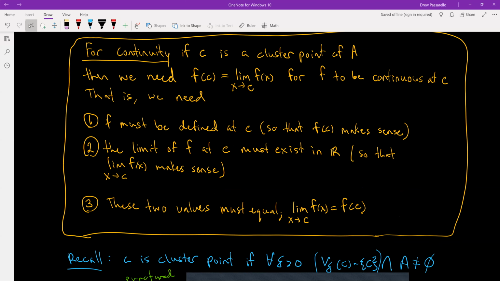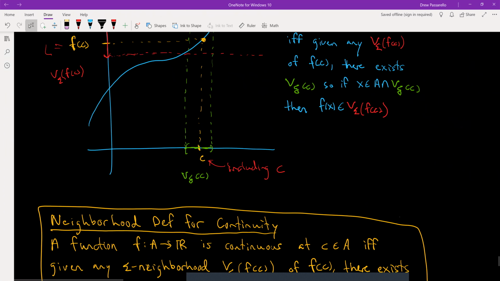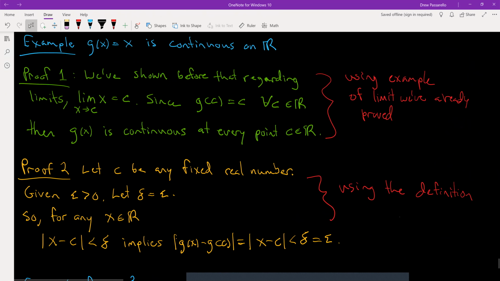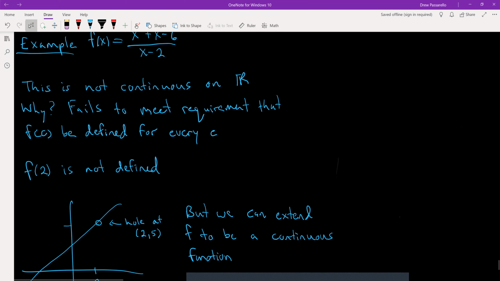We need the limit of f of x as x approaches c to exist. And we basically need these two values to equal each other, that the limit of f of x as x approaches c equals f of c. Those are the requirements. So in this example, f of c is not defined for every c. For instance, f of 2, if you plug 2 in, it's not defined.